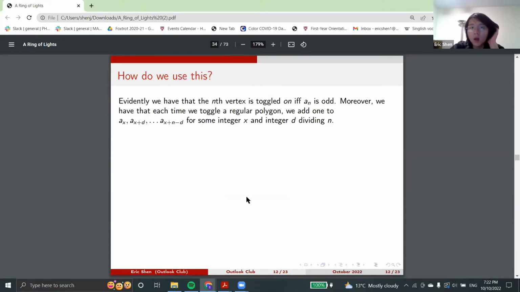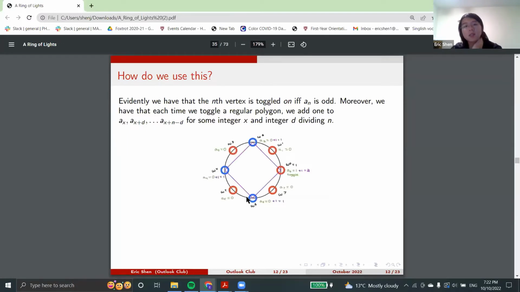So what our operation actually does here, and I used a slightly different toggling, but it's the same idea, is that we toggle these weights and add 1 to each of the AJs that lie on them, because those are the toggle counters. What can we say about these toggle counters?